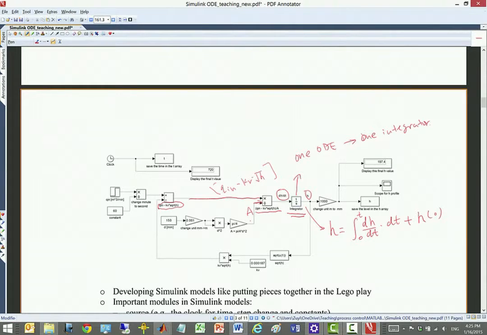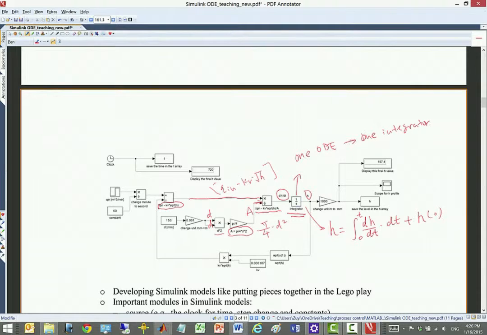Now we need to further calculate A. A equals pi over 4 times the square of the diameter. So here is the gain of pi over 4, and this is the square of the diameter. To calculate the square, we multiply d by d together, so this is the multiplication module.